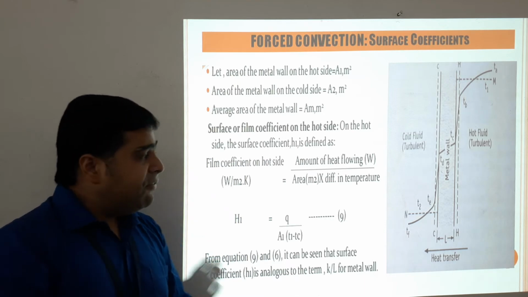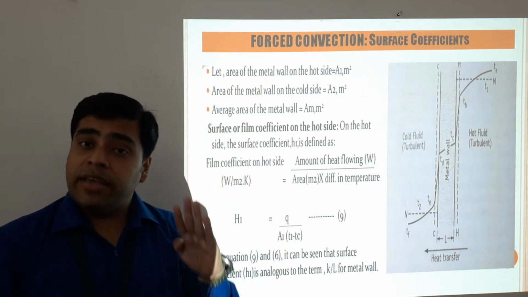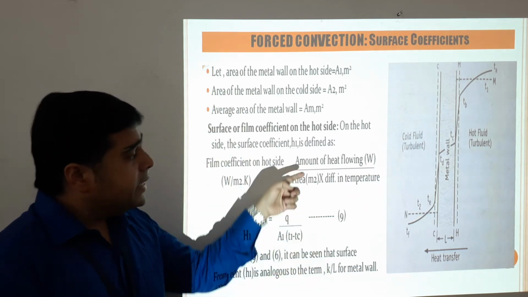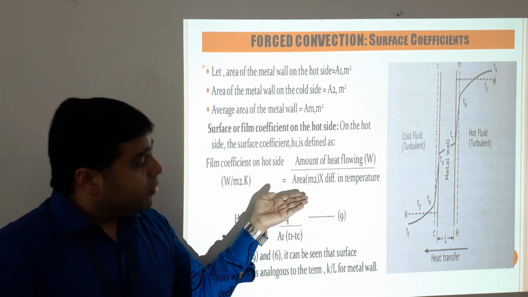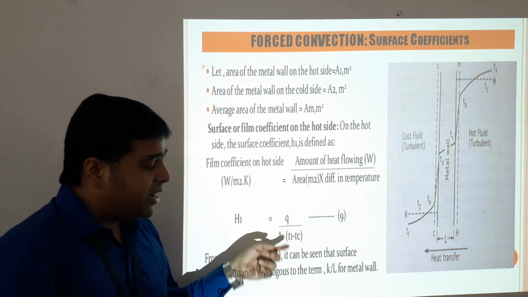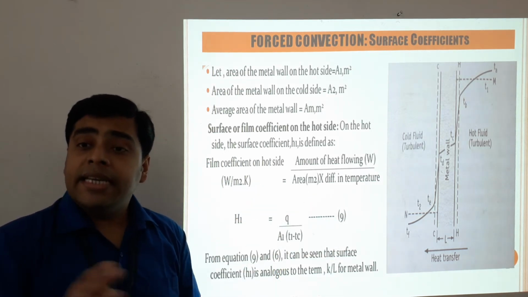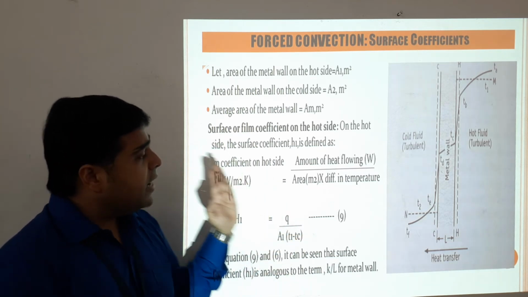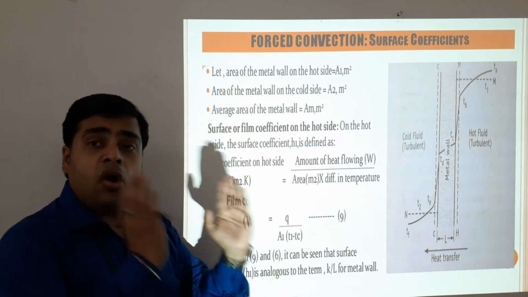So the film coefficient on the hot side is given by the amount of heat flowing divided by the area into the temperature difference, that is Q divided by A1 into T1 minus TC. This term is important and we are only quantifying the hot side.